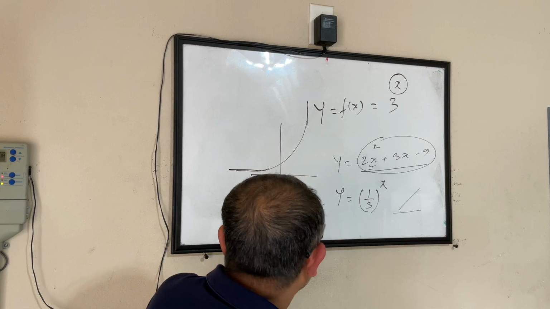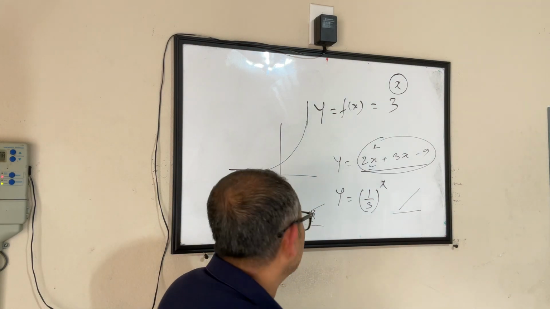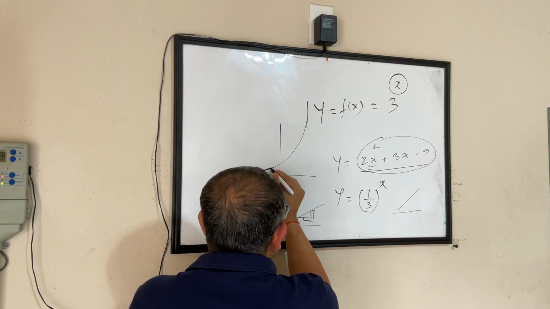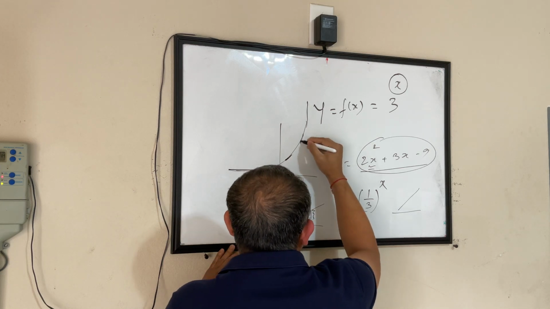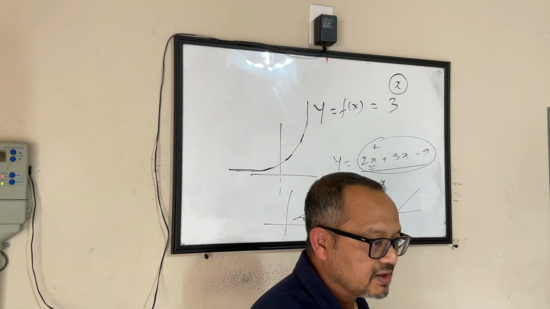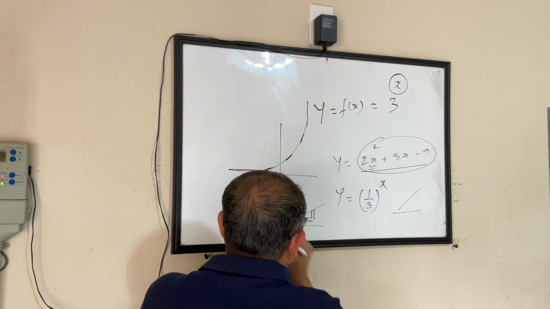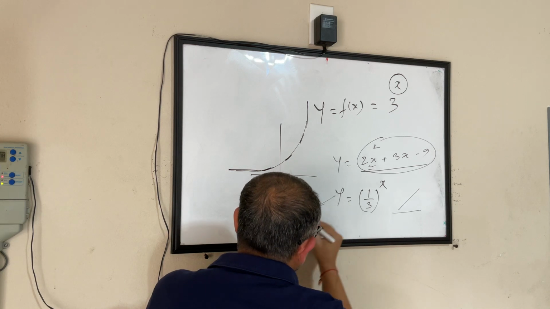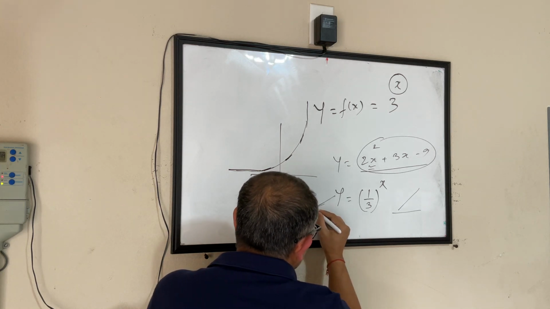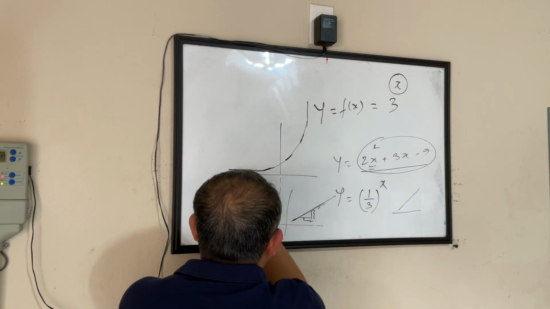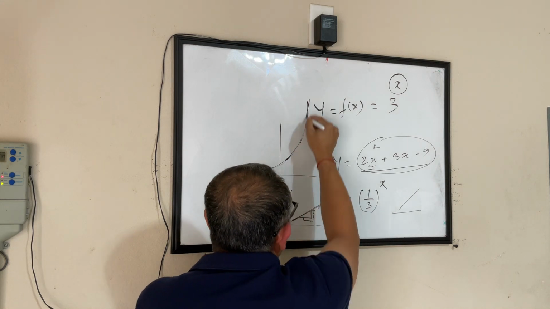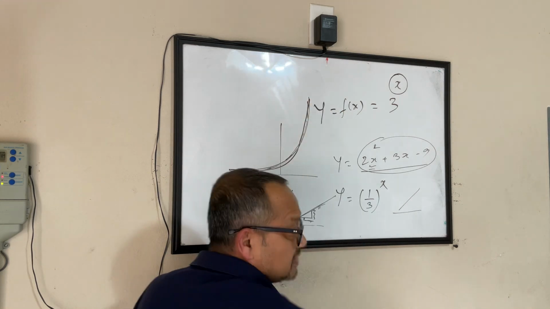So in this case, how do you know the slope of the function? The slope here versus the slope here versus the slope here is going to be all different, correct? In the case of a straight line, the slope is constant. You can predict this. Whereas in the case of an exponential function, how do you derive the slope?